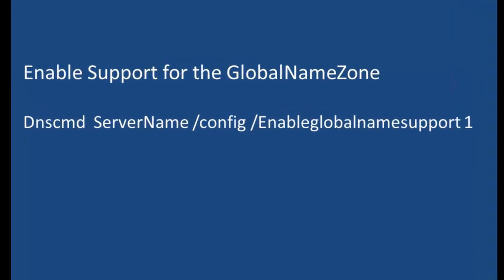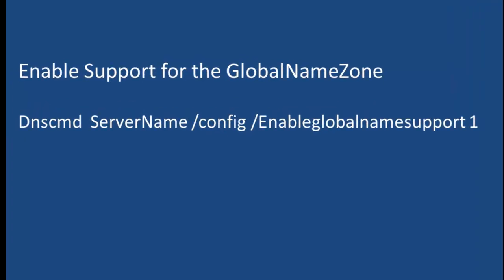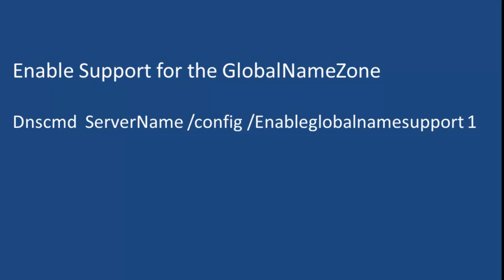To recap, the global name zone can be used in place of WINS to provide single label name resolution for devices that would otherwise not register their records dynamically with the normal DNS zone. In order to use the zone, we have to create the global zone, and we also have to enable support for the global zone.